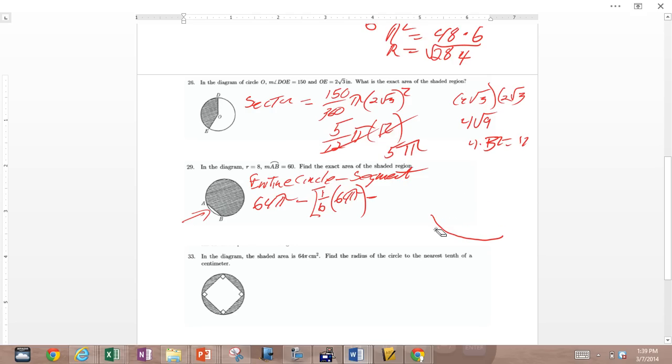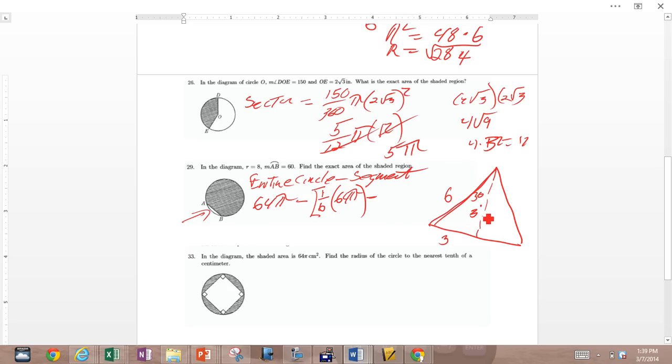Now, what is that triangle? That's an equilateral triangle. The sides of the equilateral triangle are what? 6, because that's the radius, 6. The equilateral triangle is split into a 30, 60, 90. This side here is 6. This side here is 3.